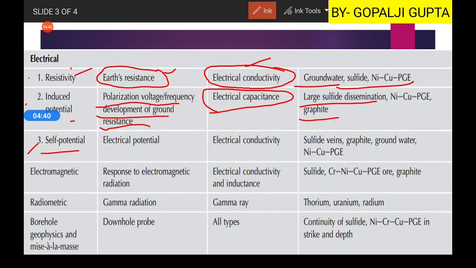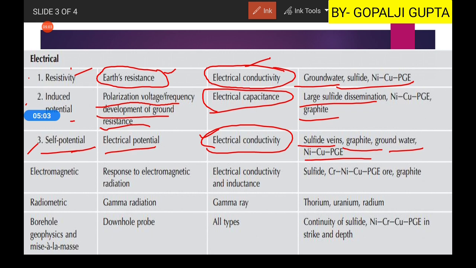If we talk about self potential, the electric potential parameter is used, and we get the electrical conductivity of the particular area, rock or deposit. By using this self potential, we can identify sulfide veins, graphite, groundwater, nickel, copper and PGE.